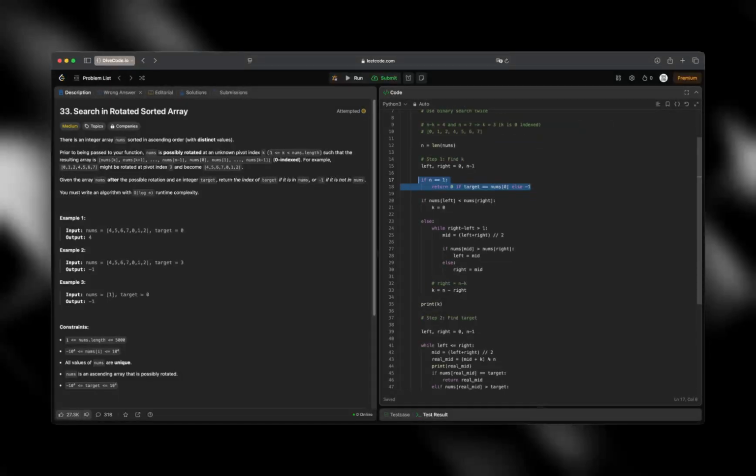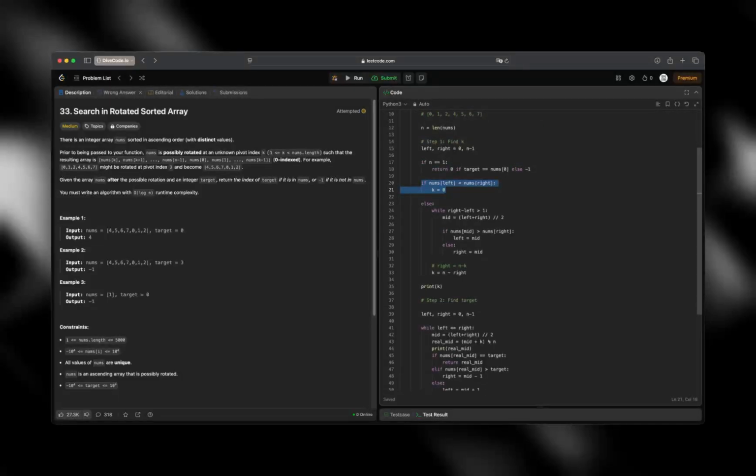This is right. If nums left is strictly inferior to nums right, in which case the nums array isn't sorted in ascending order without being rotated. And here I kinda use right minus left.